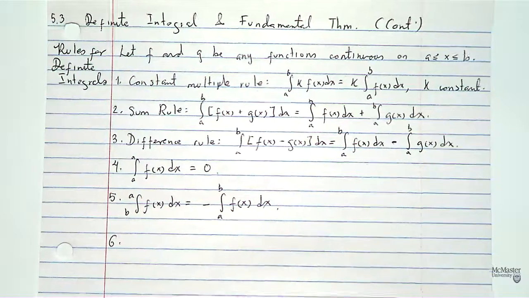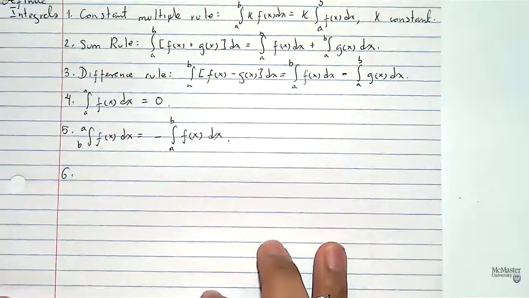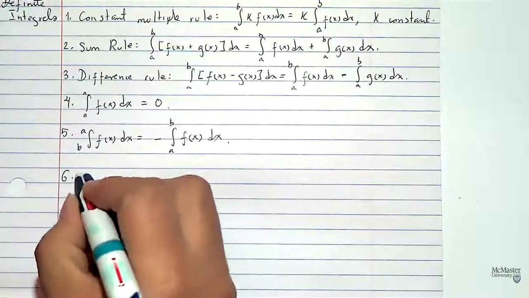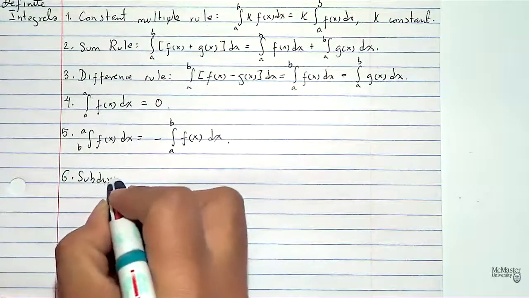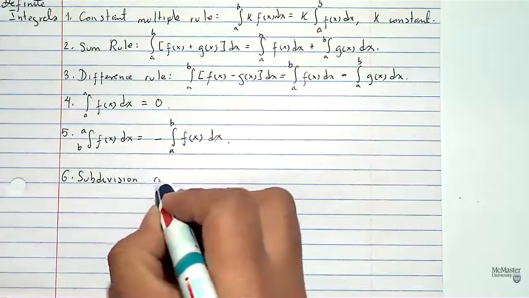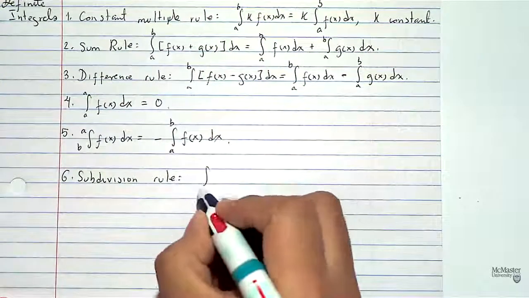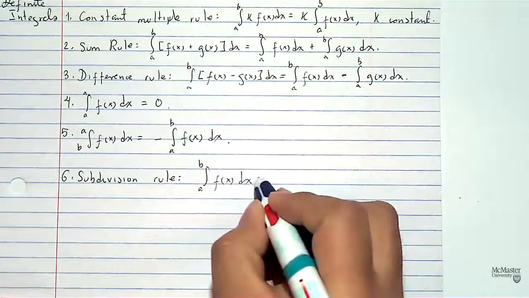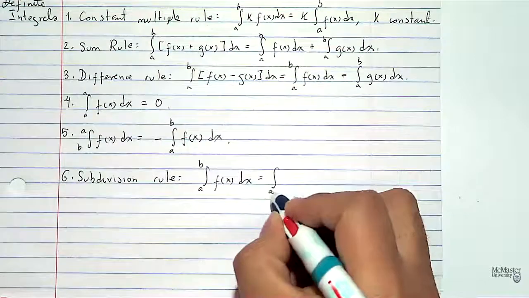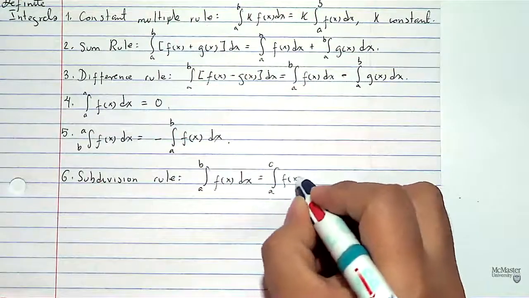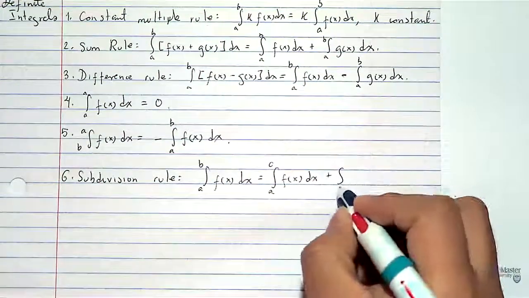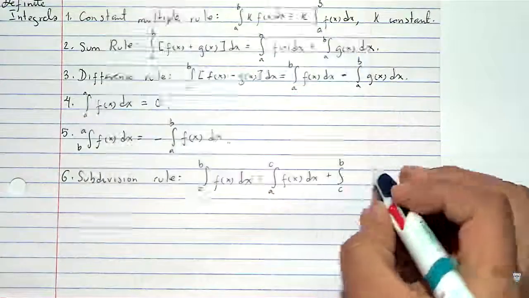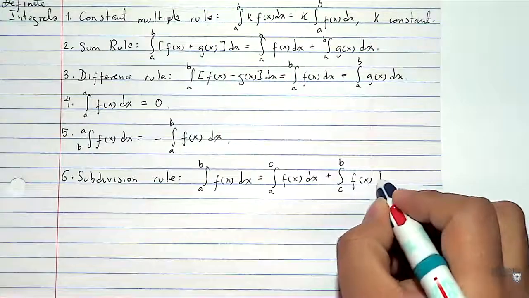Then you have another rule, which is called the subdivision rule. The integral from a to b of f of x dx equals the integral from a to c of f of x dx plus the integral from c to b of f of x dx.